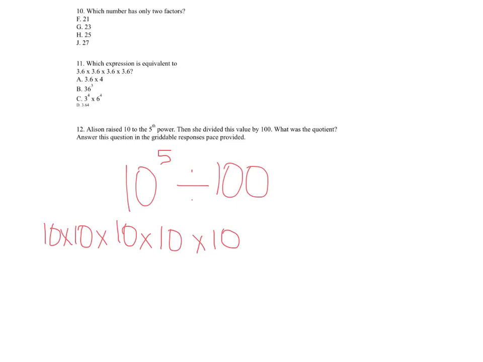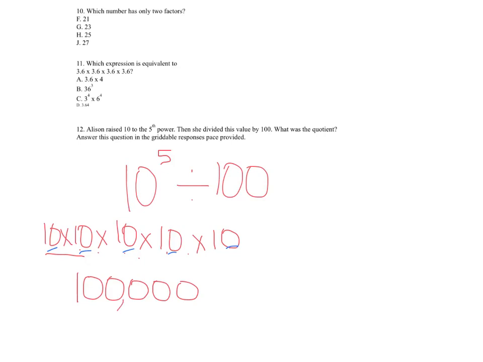This is 100 times 10, which is 1,000, times 10, which is 10,000, times 10, which is 100,000. If you don't want to multiply it or you can't think that way, all these tens is just 1, and then how many zeros do you have? 1, 2, 3, 4, 5.